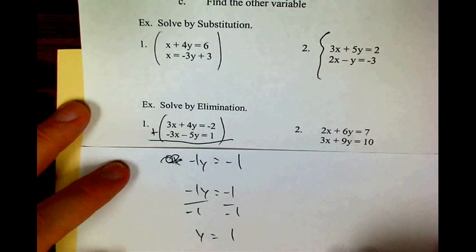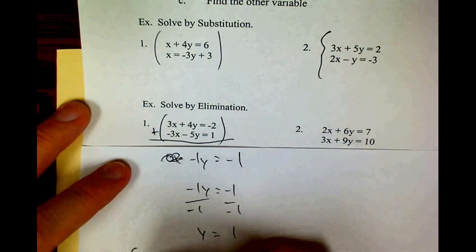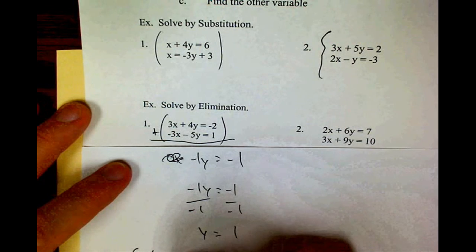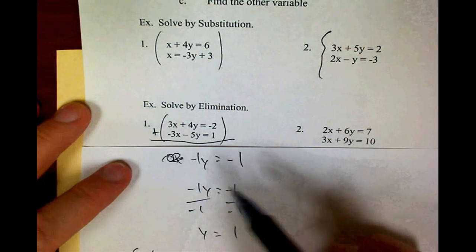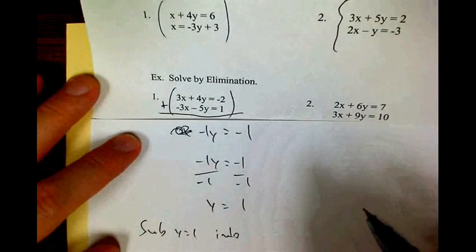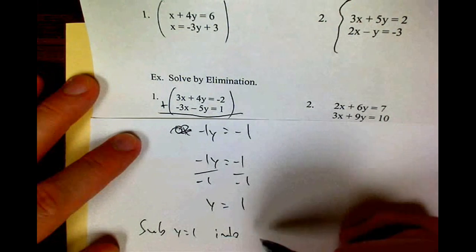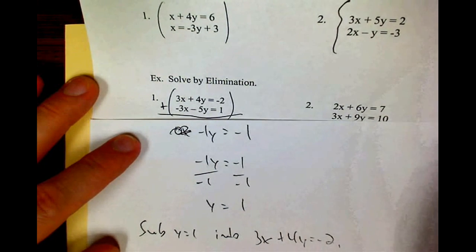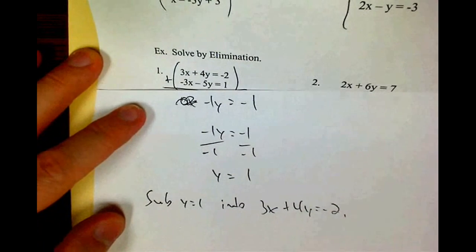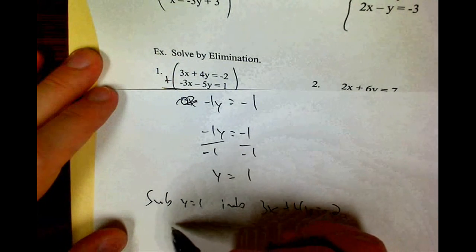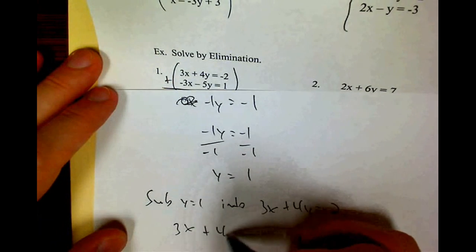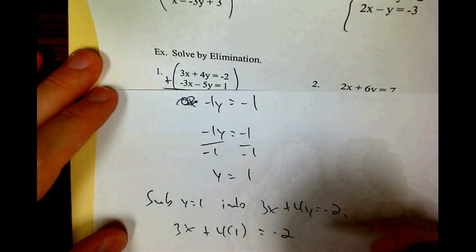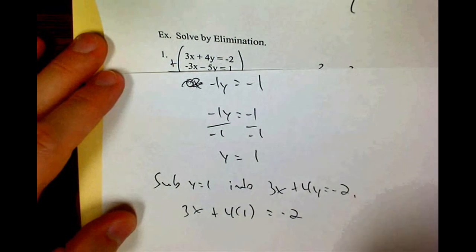And now we're going to substitute, because we need the x. We're going to substitute y equals 1 into one of the equations. It doesn't matter which one. They're both not nice, so I'm just going to pick the first one. It has fewer negatives. And so I'm going to end up with 3x plus 4 times 1 equals -2. Think of this as a review of solving equations, because that's basically what it is.